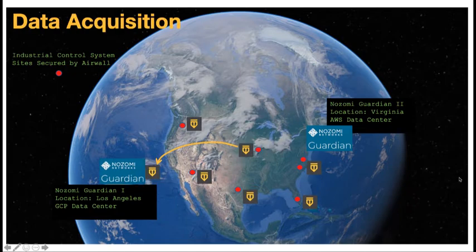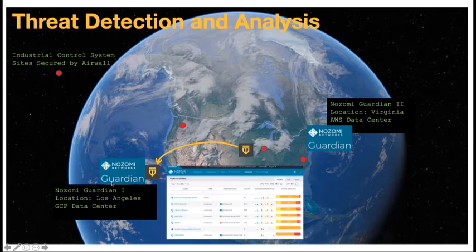So the first step is really to acquire the data and port mirror the traffic that Nozomi wants to look at to be able to make its vulnerability assessments. And the way we do that is we'll set up a port mirror on the Airwall, send the traffic to the Guardian, doesn't matter where it's located, and then it can go ahead and do its threat detection and analysis of that data.